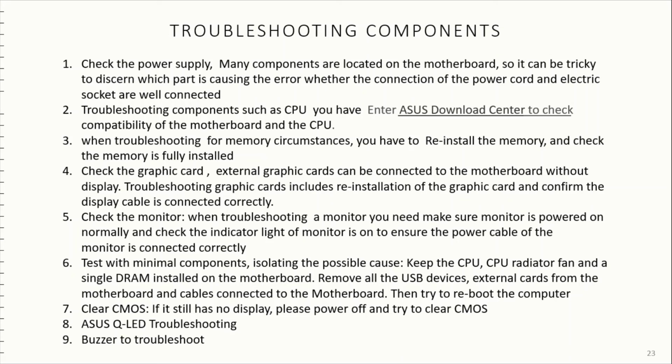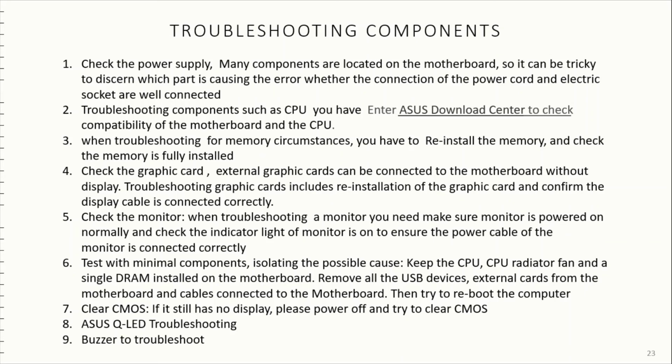Number four, check the graphic card. External graphic cards can be connected to the motherboard without display. Troubleshooting graphic cards includes reinstalling the graphic cards and confirming the display cable is connected correctly.